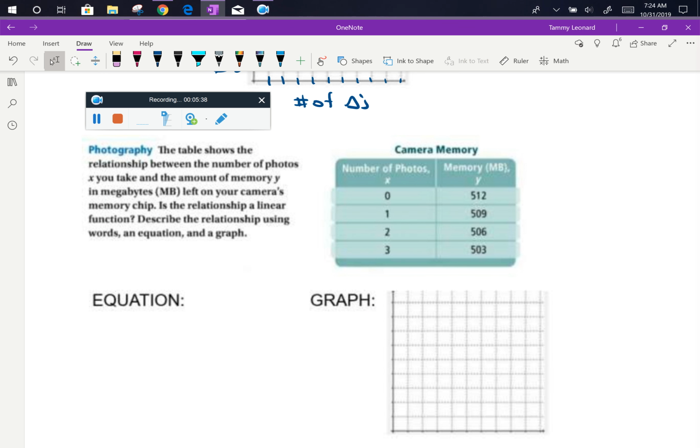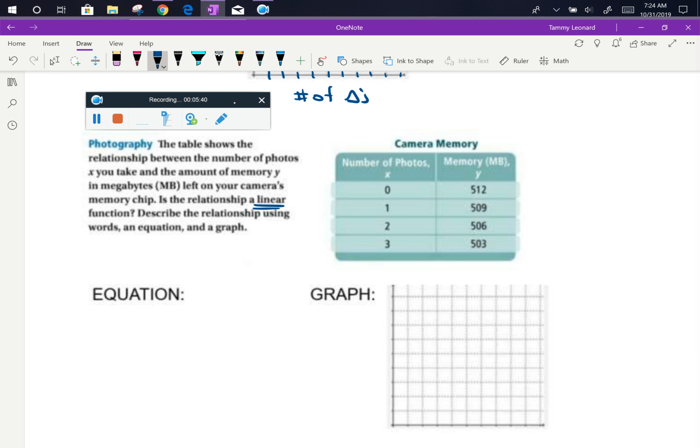All right, so in a linear function, we have what's called a constant rate of change. In a constant rate of change, the change in y divided by the change in x is always the same because that's what constant means. So if I look at this, this is going up by 1, up by 1, up by 1.